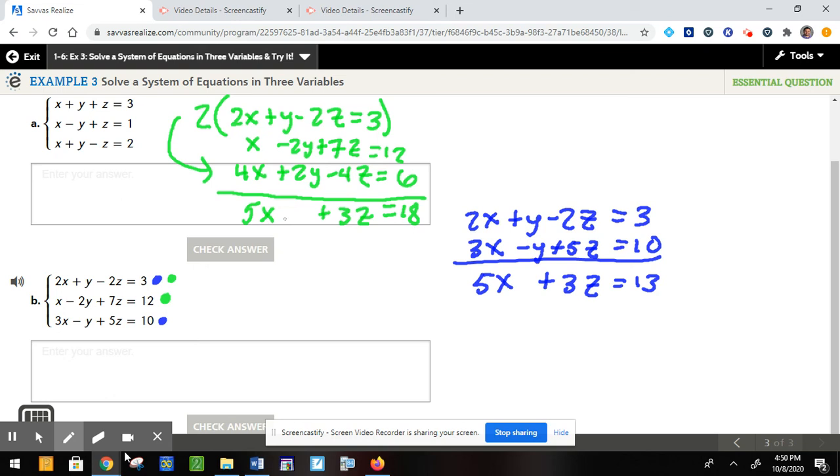So now I have two equations with an x and a z that I can combine. What jumps out at me right away is that the x and the z's are the same, but then the constant is different. So what will end up happening is I'm just going to multiply one of them by -1.